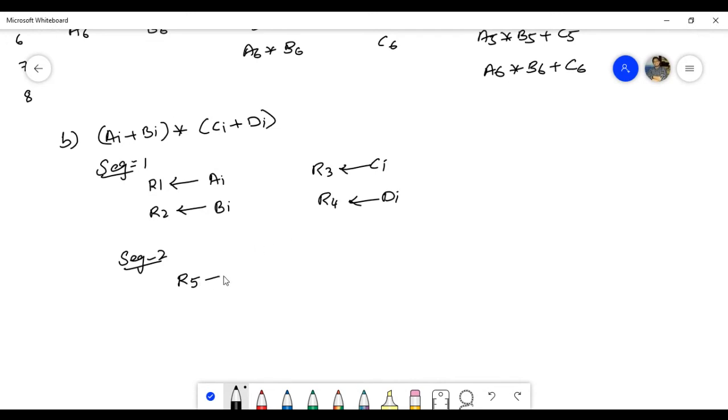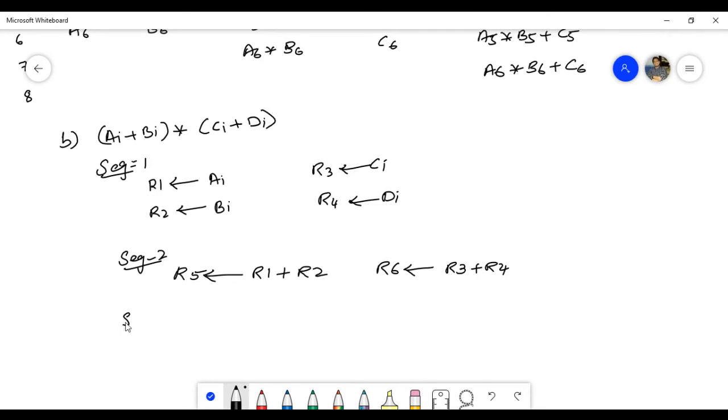That means R4 is finished. We will take the new registers: R5 implies R1 plus R2, and R6 implies R3 plus R4.